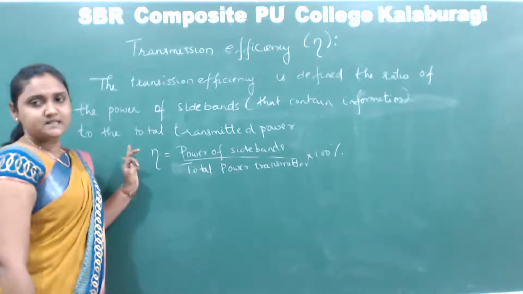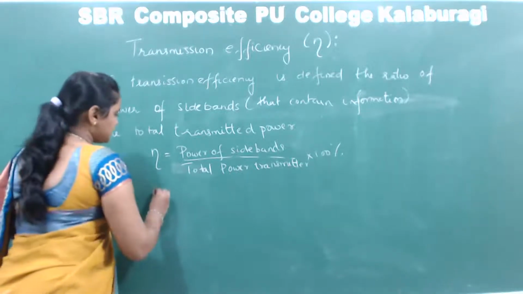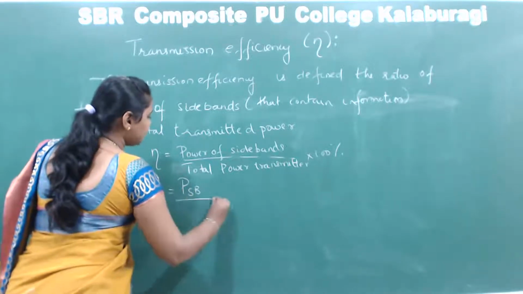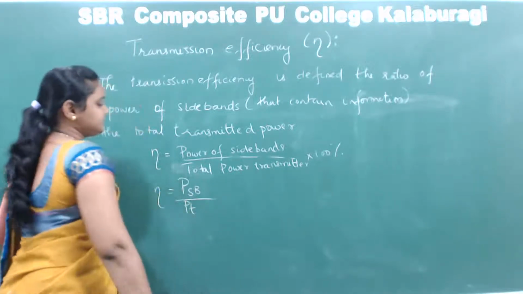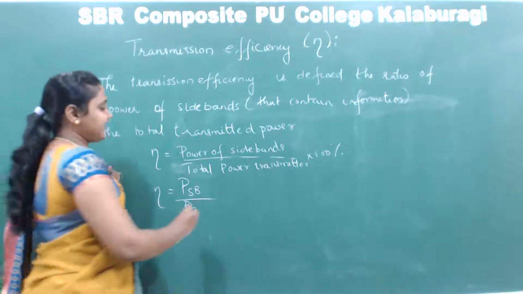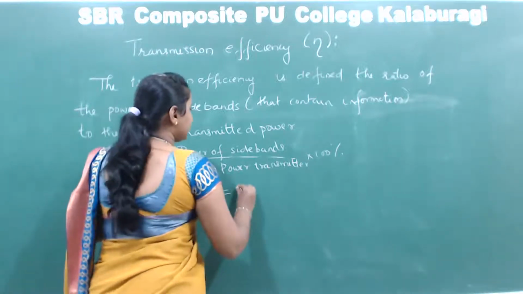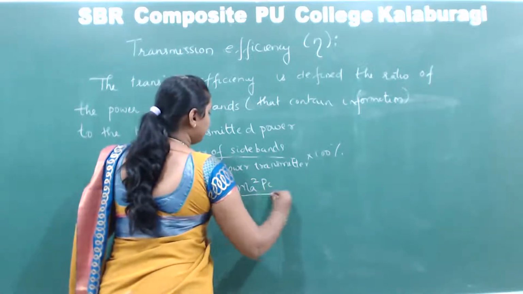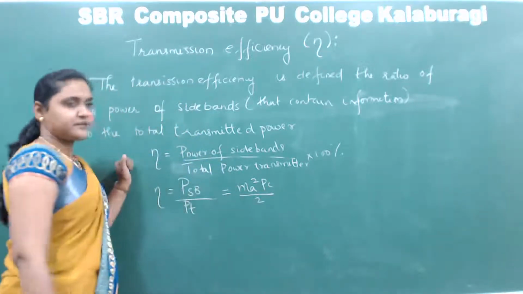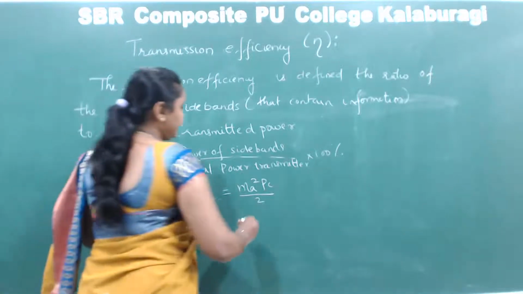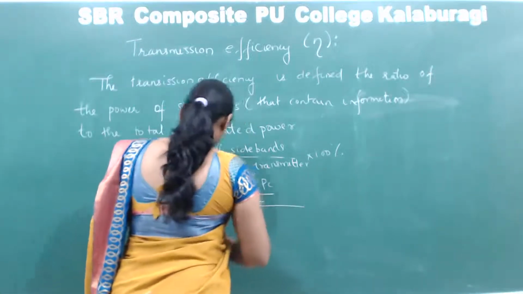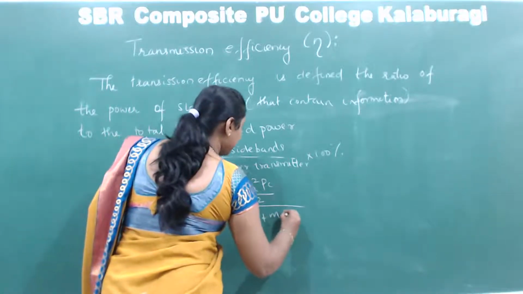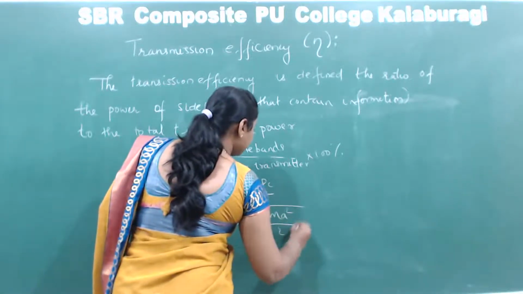This efficiency is represented in the form of percentage. It is PSB divided by PT. Just now we have derived the expression for PSB, and that is MA square PC by 2, divided by PT, which is PC into 1 plus MA square by 2.